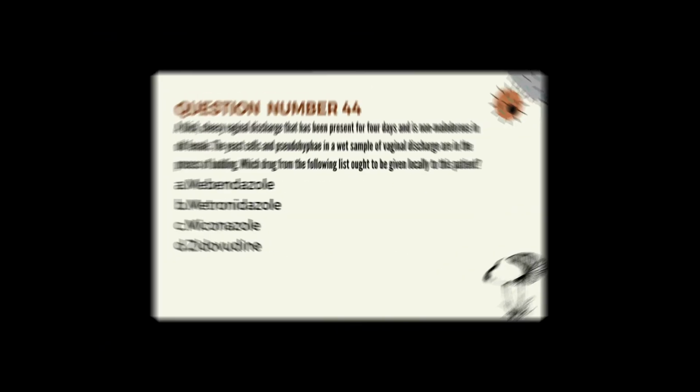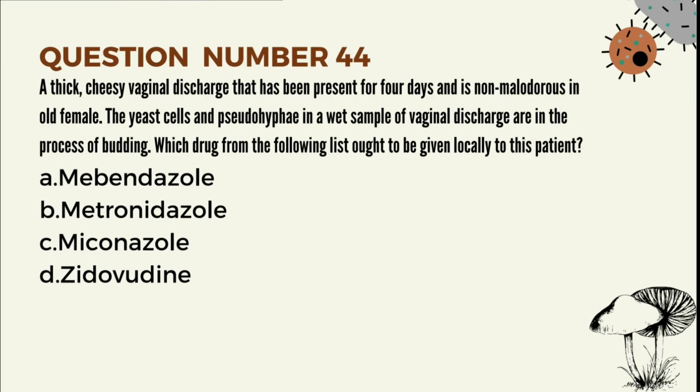onychomycosis. Question number 44. A thick, cheesy, non-malodorous vaginal discharge that has been present for 4 days in a female patient. The yeast cells and pseudohyphae in a wet sample of the vaginal discharge are in the process of budding. Which drug from the following list ought to be given locally to this patient?